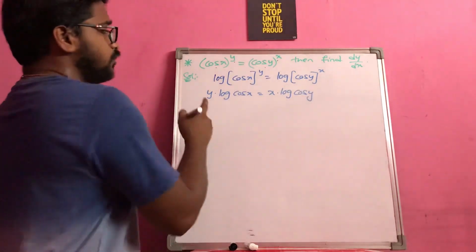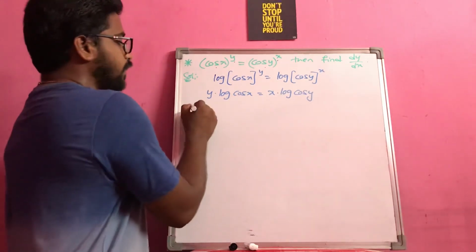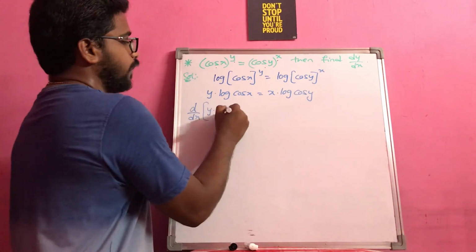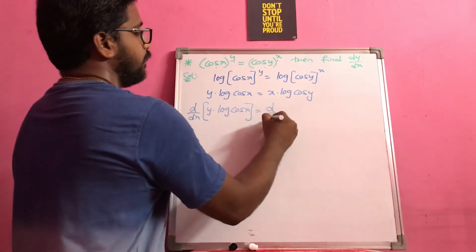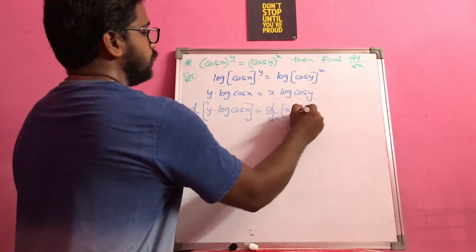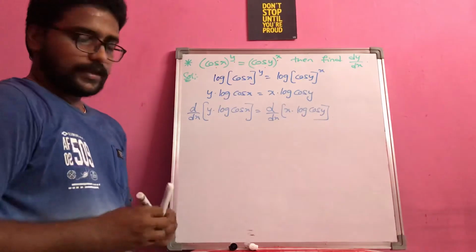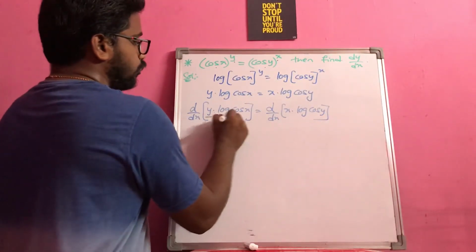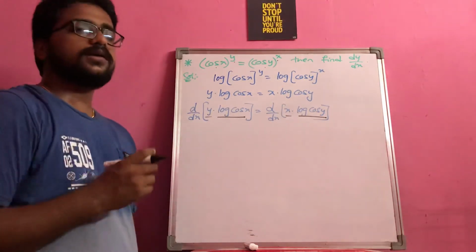Okay. So till now we didn't apply differentiation. So apply differentiation on both sides now. d by dx of y into log cos x is equal to d by dx of x into log cos y. You can observe here, we have a product of two functions, so you have to use the product rule to get the answer.